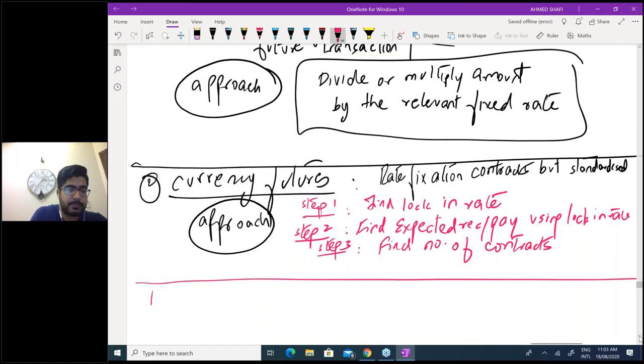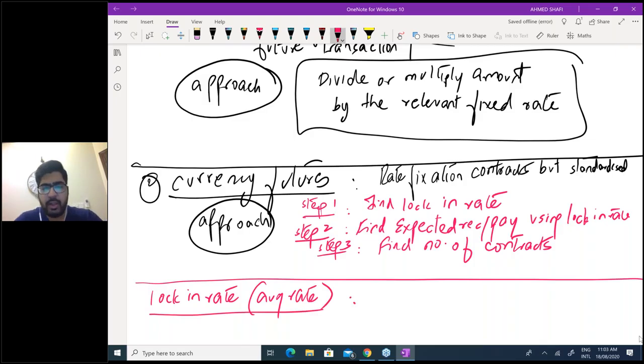Lock-in rate is just like an average rate. For example, you have to pay after 3 months.